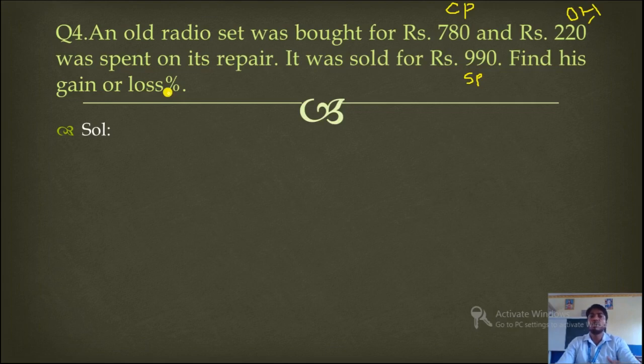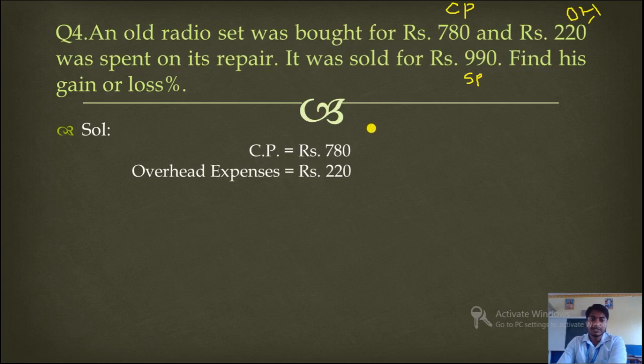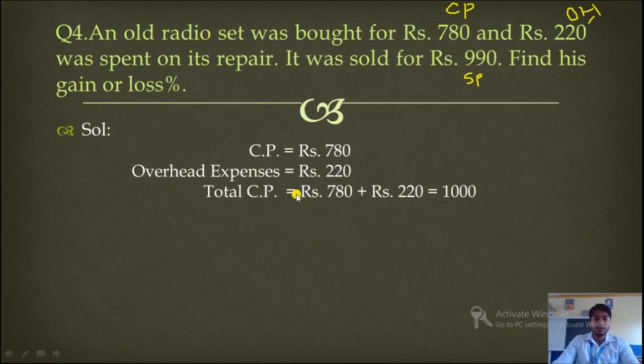First we have to find the gain or loss, then only will we be able to find the gain percent or loss percent. CP is given, that is 780. Overhead expenses is given, that is 220. The total cost price we find by adding cost price plus overhead expenses: 780 plus 220.